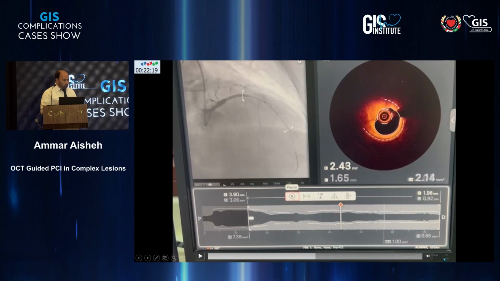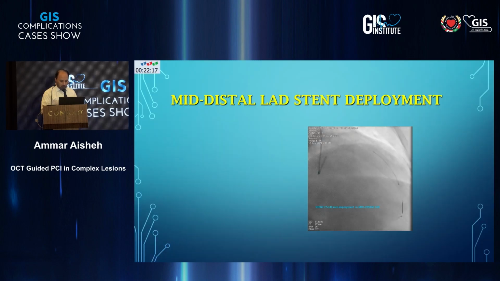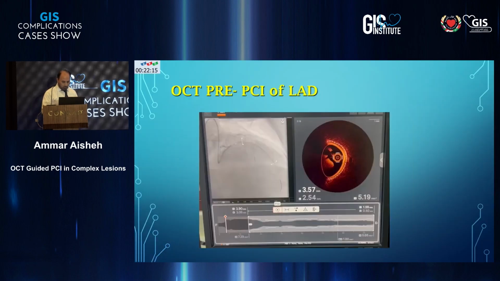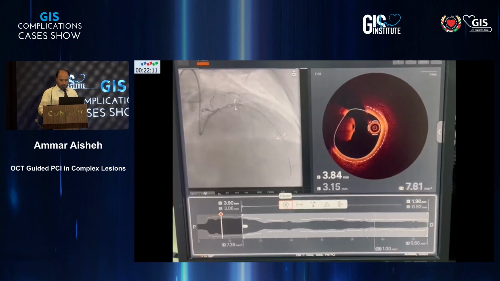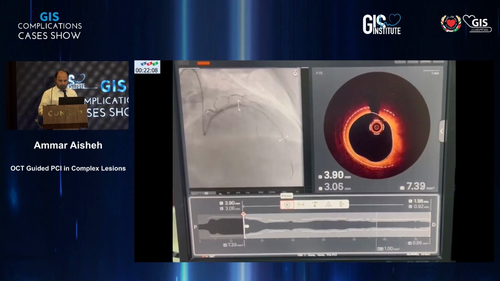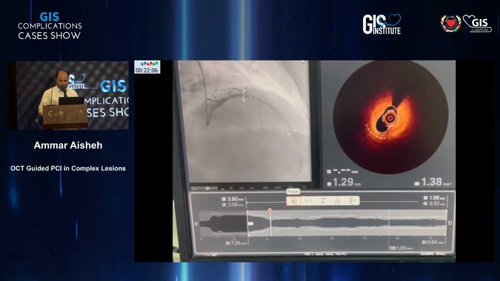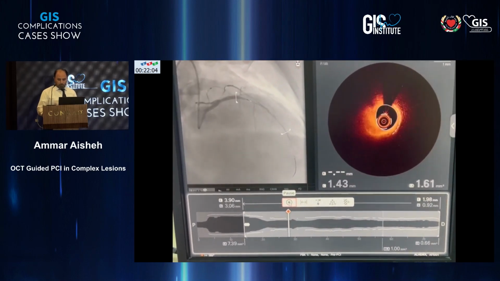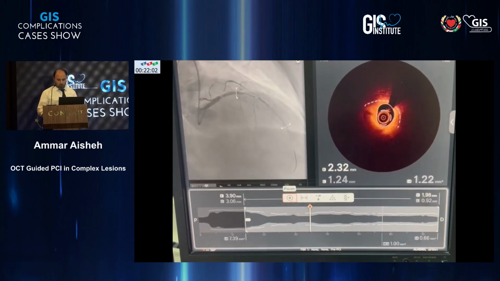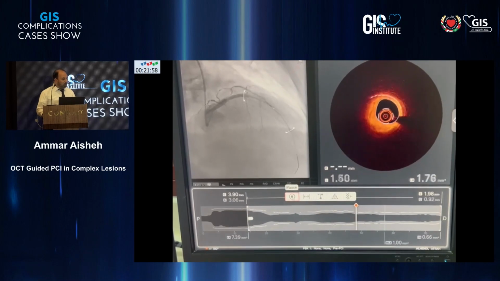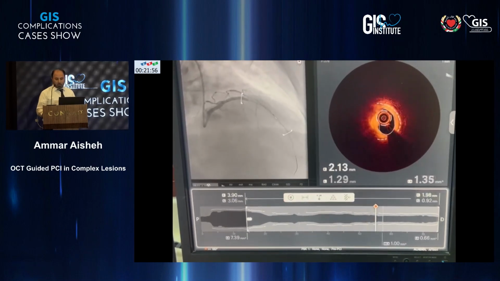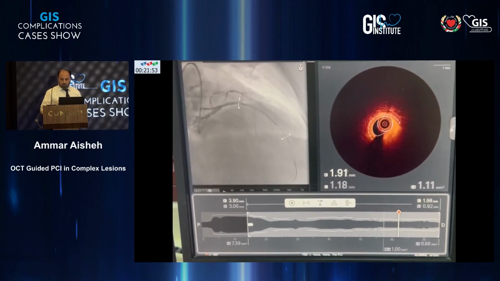In this OCT it is mainly fibrotic or mixed plaque. So here we have a very good, here is subtotal occlusion with MLA area around one square millimeter. Yes, or less than.